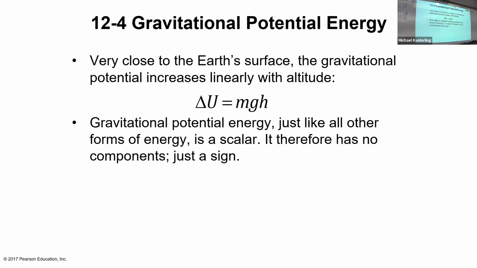Gravitational potential energy, just like all other forms of energy, is a scalar. It therefore has no components, just a sign. And it's usually negative just because we put the point at infinity equal to 0, because it makes the math easier. You could get this by taking the integral of the force. That's how you get it.